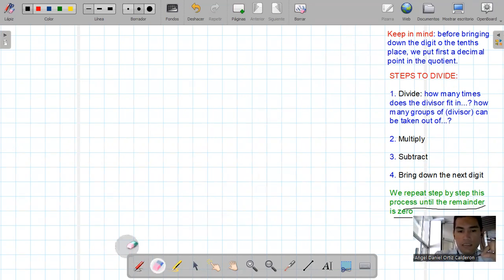Well, these are just the steps to divide. First of all, we have to divide. You will see later with an example that may help you to understand. The second step is to multiply, the third step is to subtract, and the last step is to bring down the next digit. Remember, follow this process in the same order.